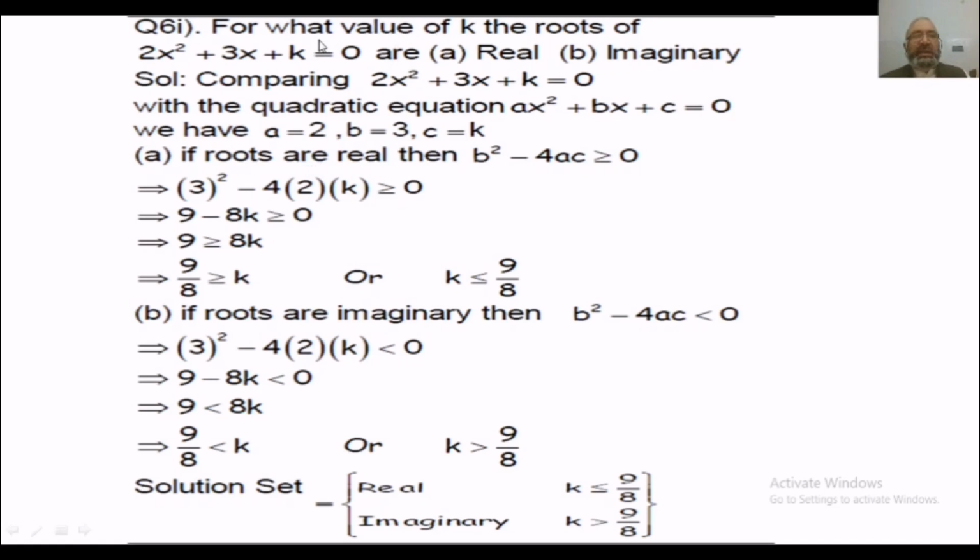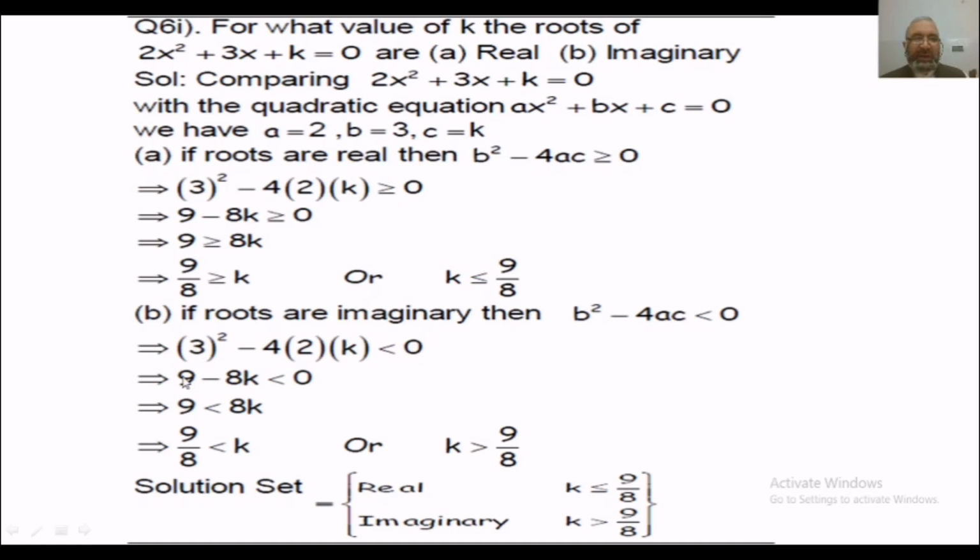Next, for what value of k are the roots imaginary? For part b, if the roots are imaginary, what is the condition? The condition for imaginary roots is b square minus 4ac is less than 0. Putting the values of a, b, c: 3 square minus 4 into value of a, which is 2, and c, which is k, is less than 0.